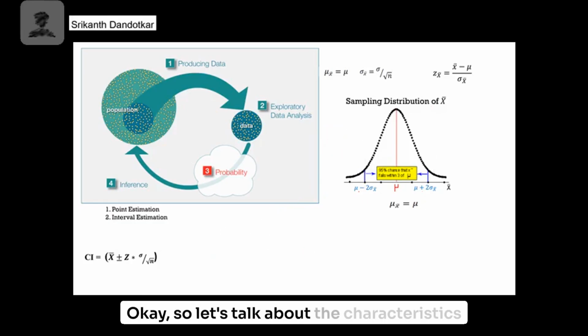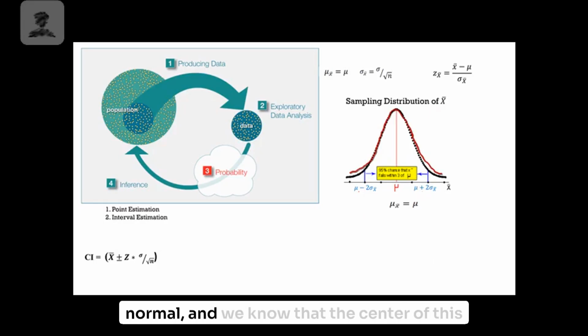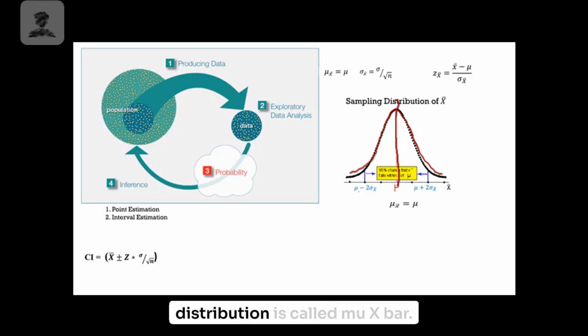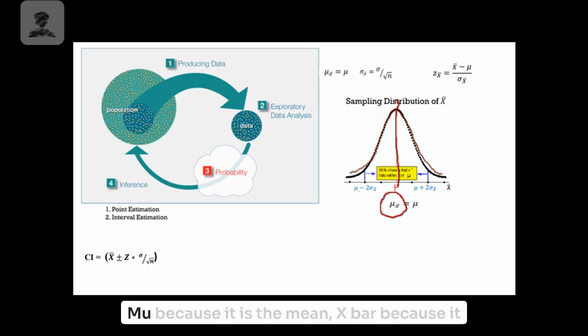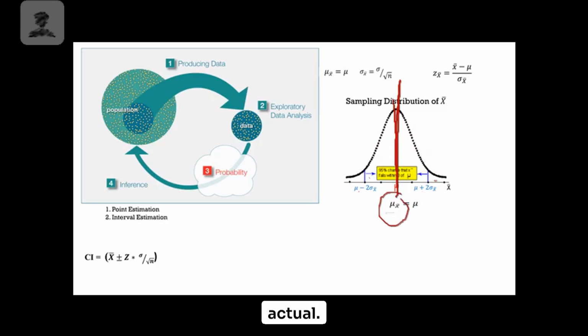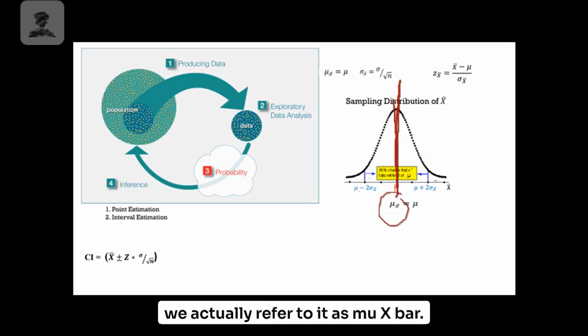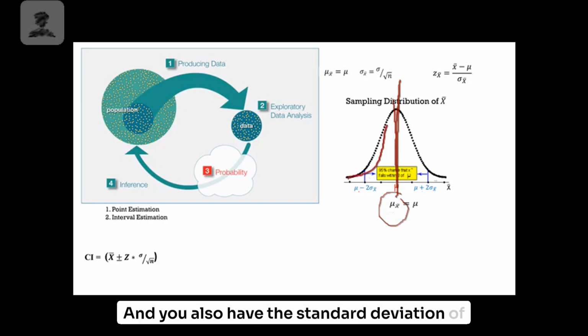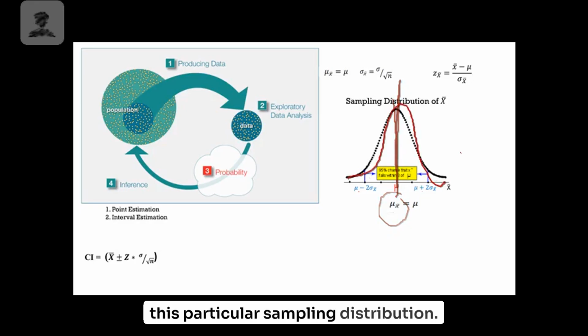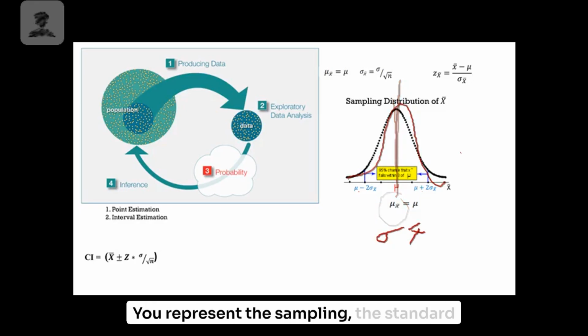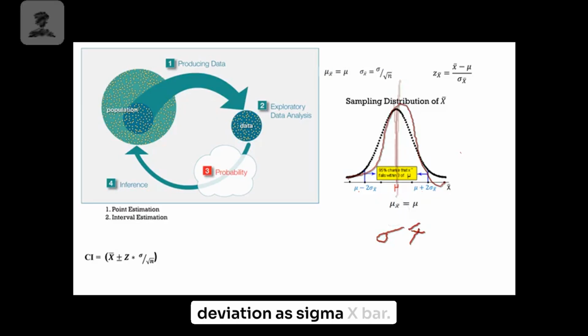Okay, so let's talk about the characteristics of the sampling distribution. We know that this sampling distribution is normal, and we know that the center of this distribution is called mu x bar. Mu because it is the mean, x bar because it's the mean of all possible x bars you have taken. And we know that mu x bar is mu, but we actually refer to it as mu x bar. And you also have the standard deviation of this particular sampling distribution, and you represent the standard deviation as sigma x bar.